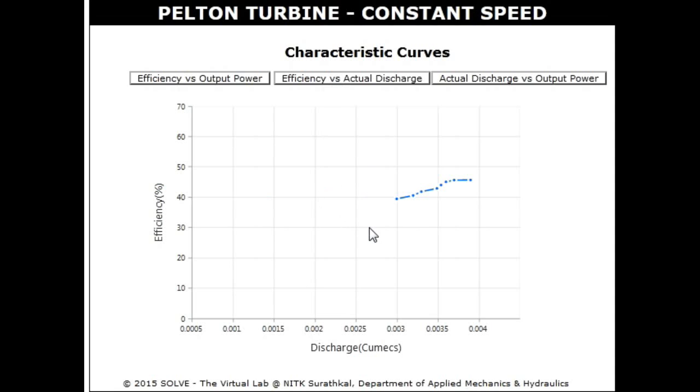But at those higher efficiencies, the flow rate is also high. To get the higher power output, we need to supply more discharge. For higher efficiency, we need higher power, and to get higher power, we need to supply more discharge in terms of meter cube per second.